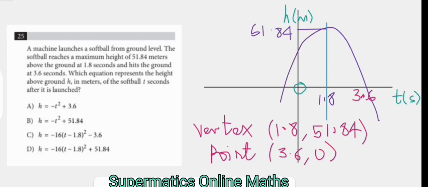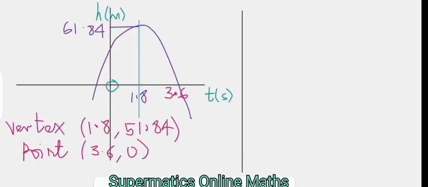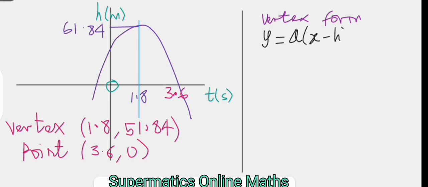How then does this apply to the equation of the motion of the ball? The vertex form of quadratic functions is generally given as y equals a times the quantity x minus h to the second power plus k, where (h, k) is the vertex.